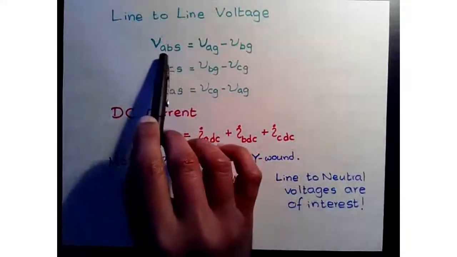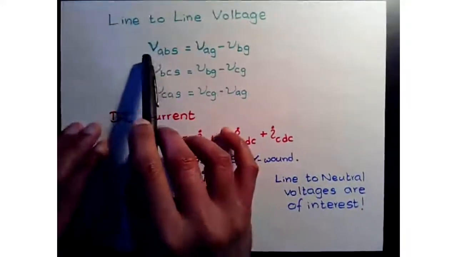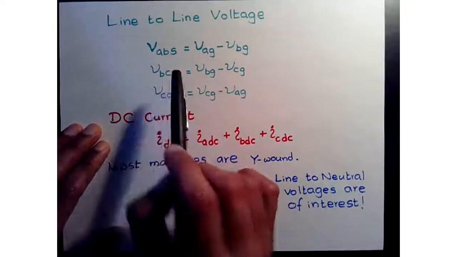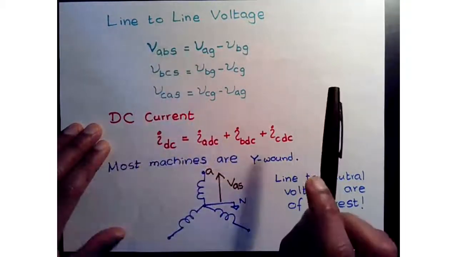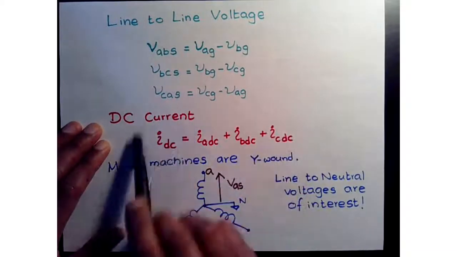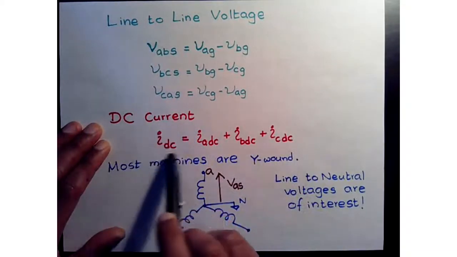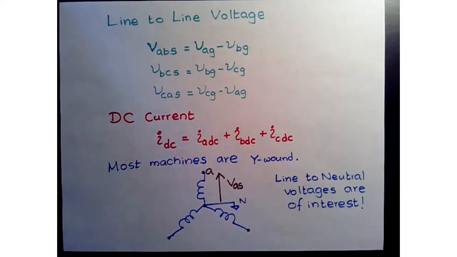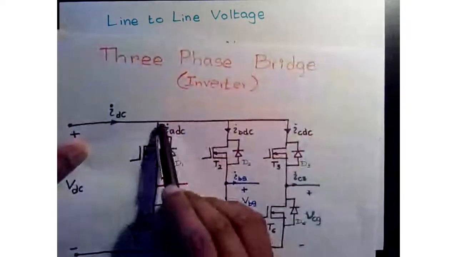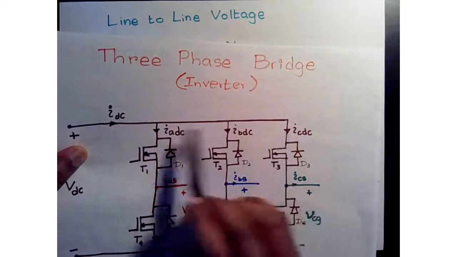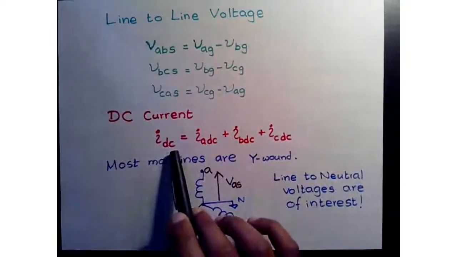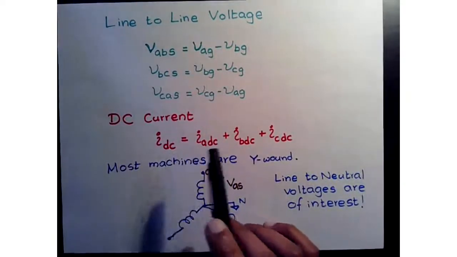Now, we typically represent them as VABS, VBCS, VCAS. So those are the line-to-line voltages. And if you think of DC current, the total DC current is the sum of all the currents at any point in time, right? Sum of the three currents. So we represent the DC currents in this way.